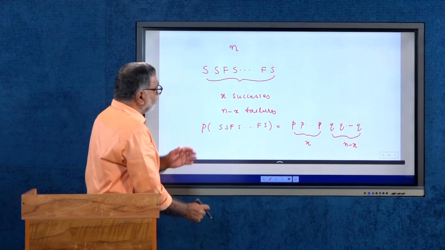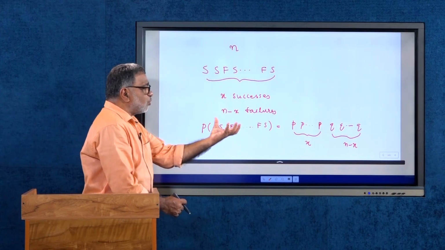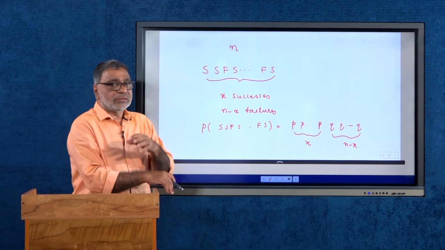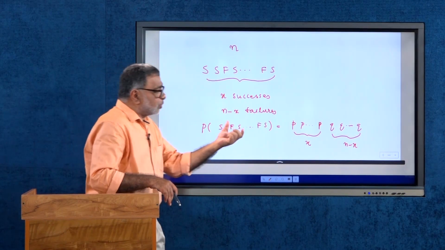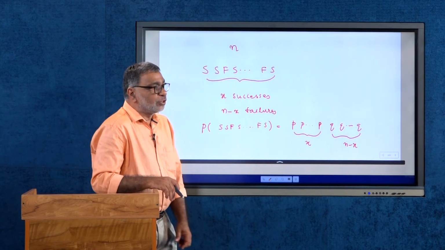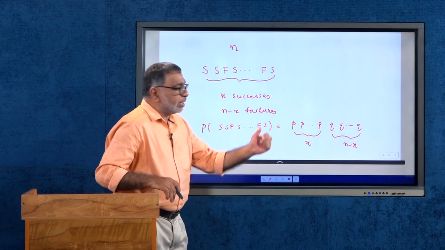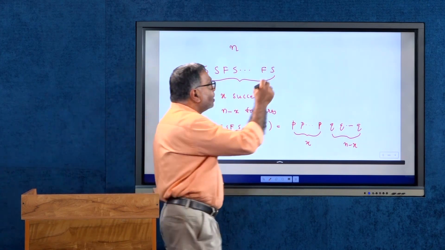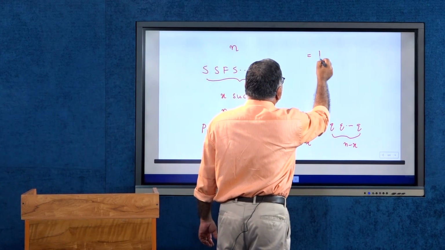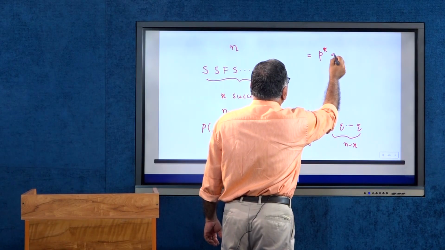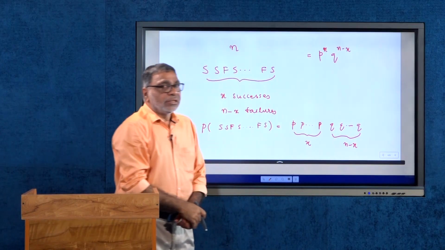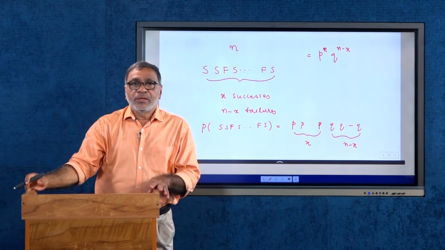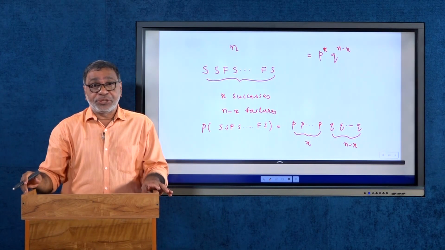So the probability of getting this event, that is x successes and n minus x failures, is equal to the product of these p's and q's, p x times and q n minus x times. That is, this is equal to p power x q power n minus x. Okay, then this is one of such situations.